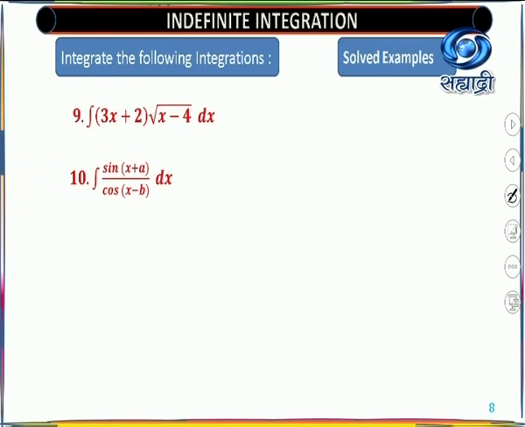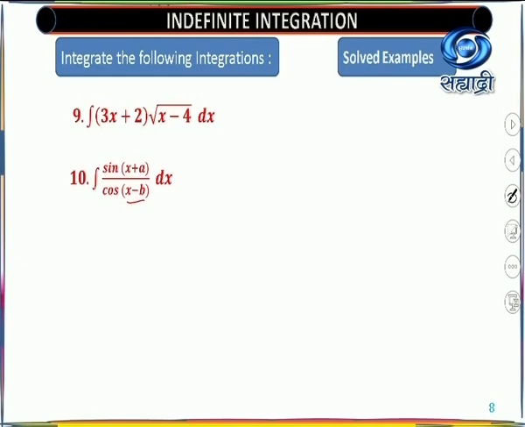Okay. Now the next example is sin(x plus a) upon cos(x minus b) dx. So here we are using the expansions of sin(a plus b), sin(a minus b), or you are able to substitute in such a way that you will get the denominator also. Look at here. You have the angle x minus b, and you have x plus a.